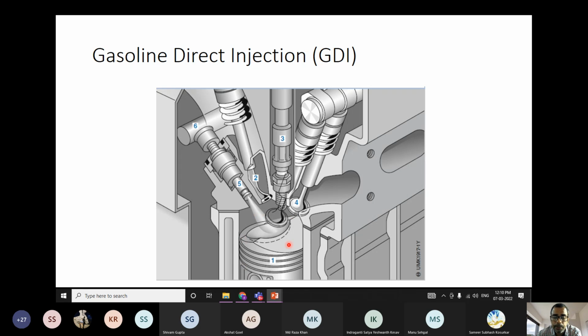We also discussed that the shape of the piston is no longer flat at the top. It has a very complicated kind of shape. That is what we discussed already in the last class.